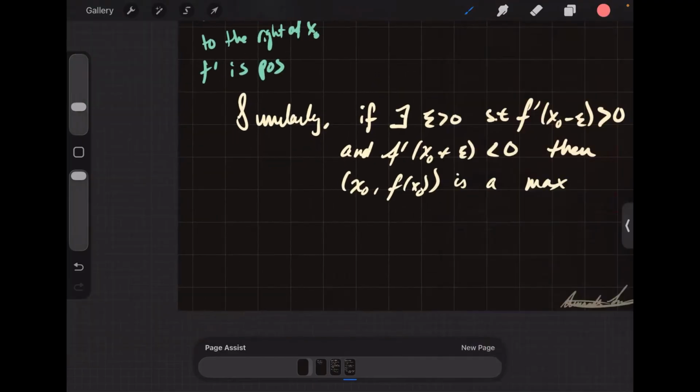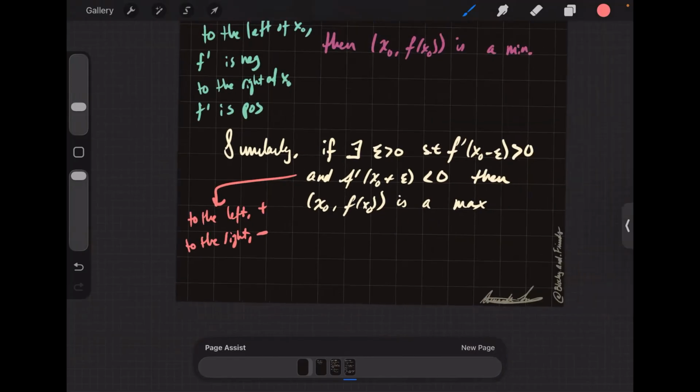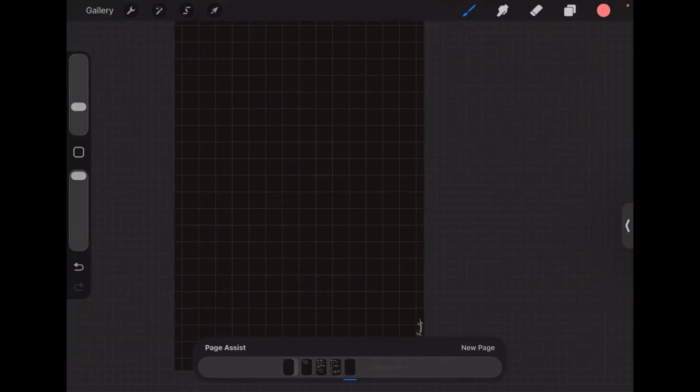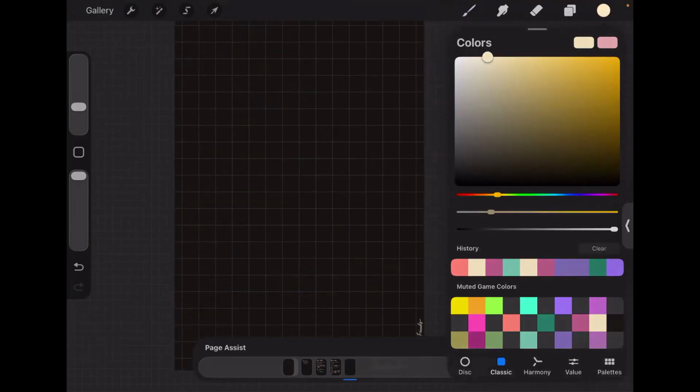That is to say, to the left, positive, to the right, negative. So, I'll show you a picture, and then I'll show you a more practical way of looking at it.